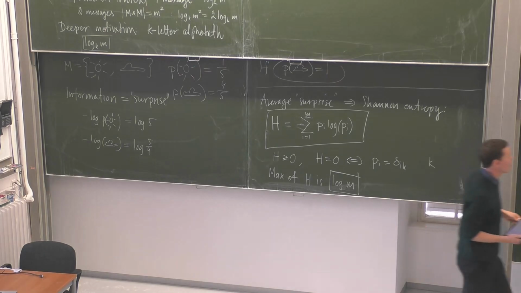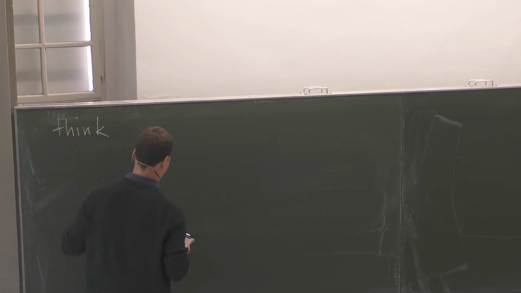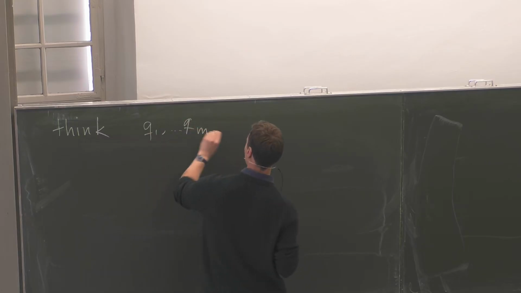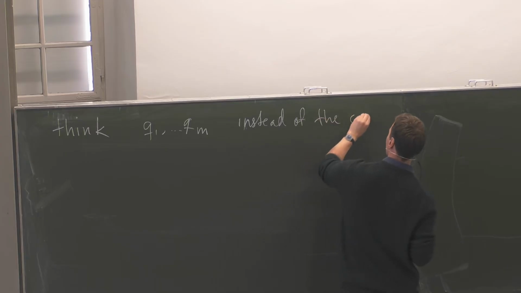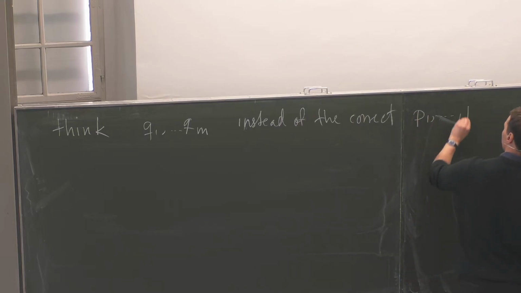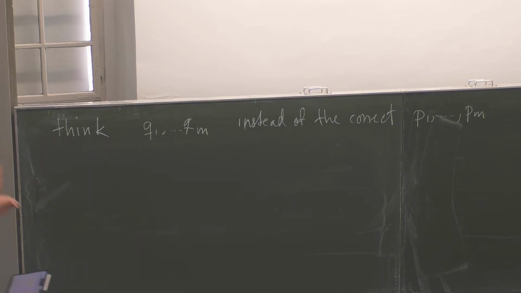So let me state that. If I think that the distribution is Q1 to QM instead of the correct P1 to PM, and you will see in a while why I want to bring this, then I can compute this by plugging in my faulty distribution Q1 to QM.